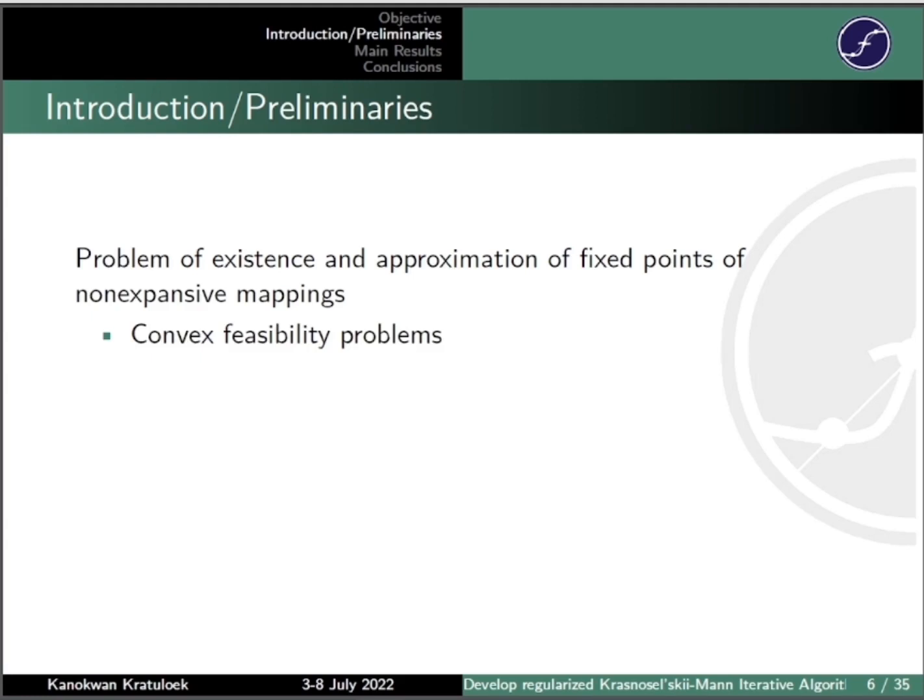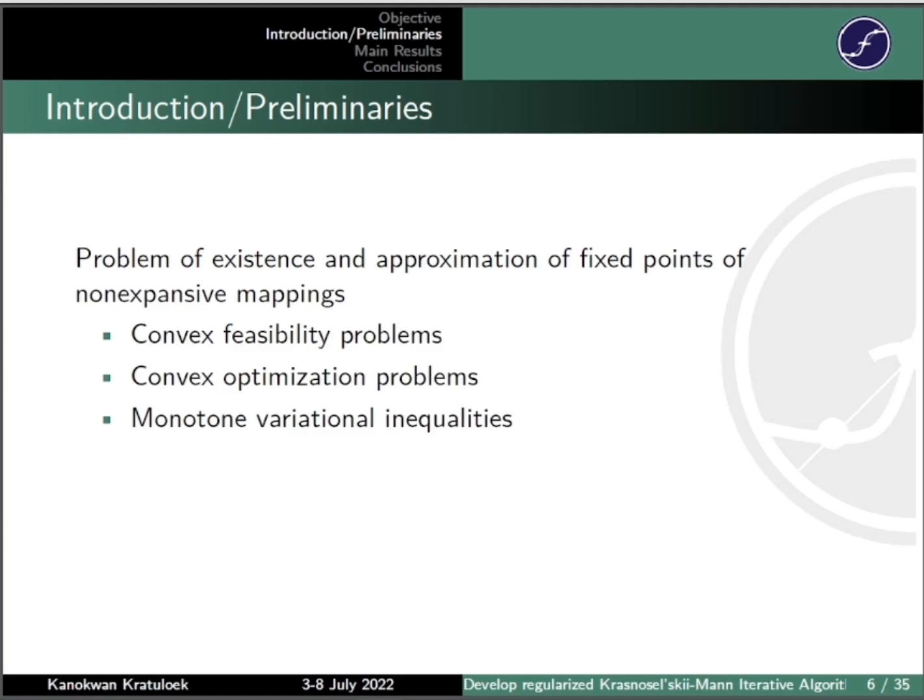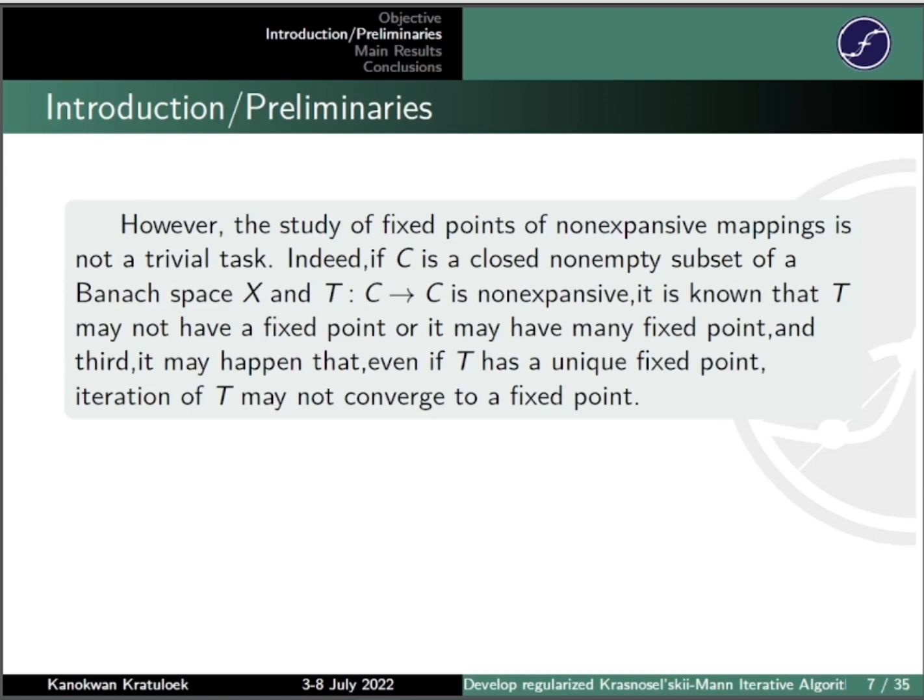Convex feasibility problems, convex optimization problems, monotone variational inequalities, image recovery, signal processing, and so on. However, the study of fixed points of non-expansive mappings is not trivial.